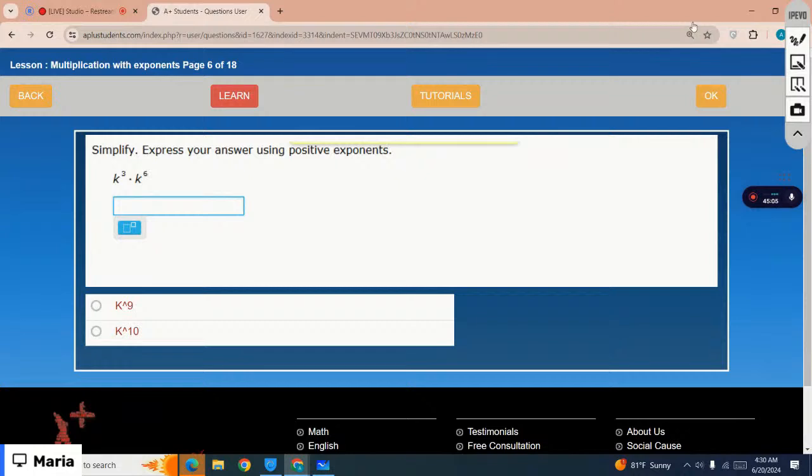That is K exponent 9. Option number 1 is the correct option.